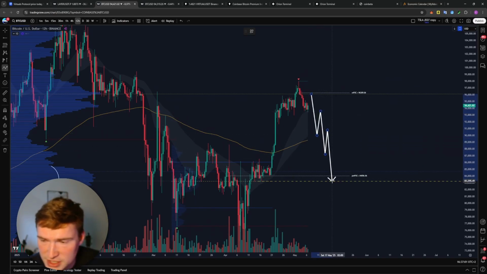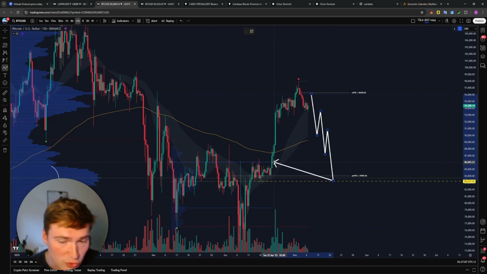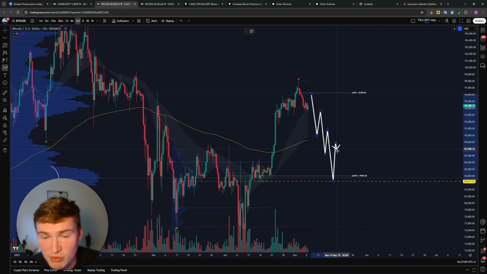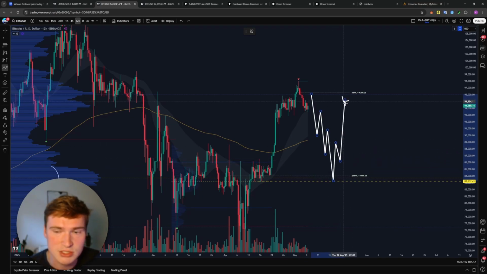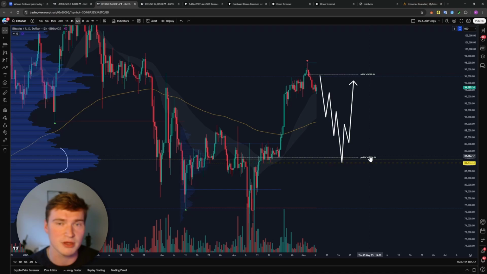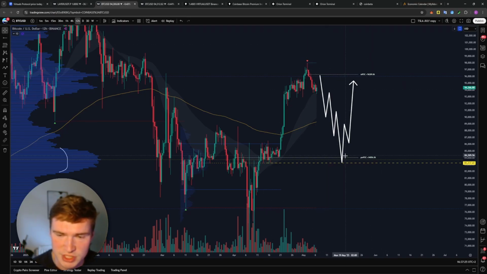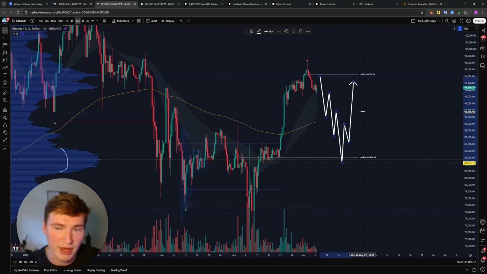If we get a strong reaction to this level at 83,200, so we spike down into that and then instantly break back above this blue line, the value area high, then we're very likely to start trending up again, all right? So that way, a strong reaction to the POC signals a reversal in price. It works as a magnet. Price shifts between these POC areas. So it shifts from the POC area up here to this one down here. Strong reaction to that would signal a reversal back up to a POC a little bit higher.